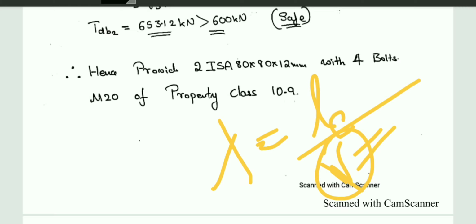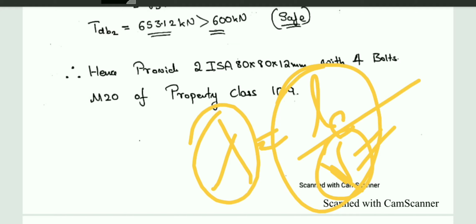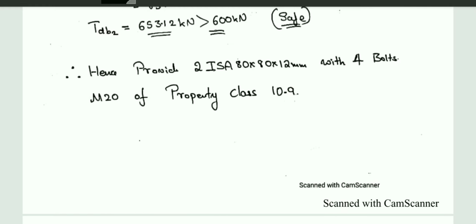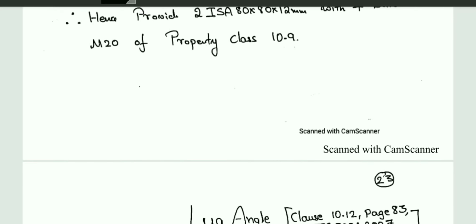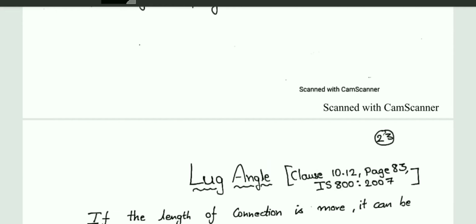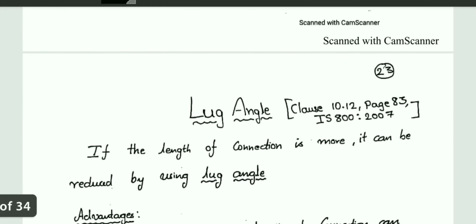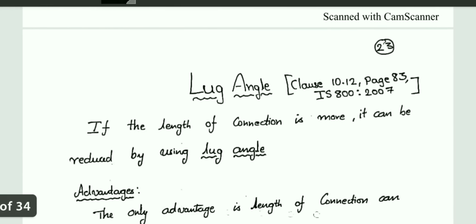By substituting that, you'll get the slenderness ratio. This slenderness ratio should be lesser than the standard values. There is a table, I think table number 3, where you'll get the standard slenderness ratios for tension members and so on, so it should be lesser than the standard values, and then it will be safe.